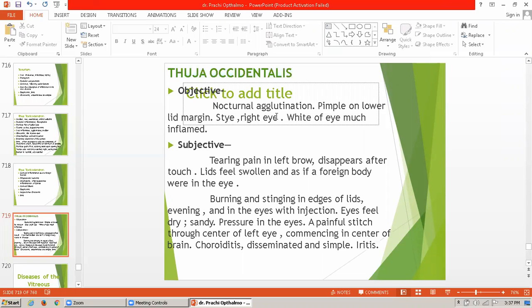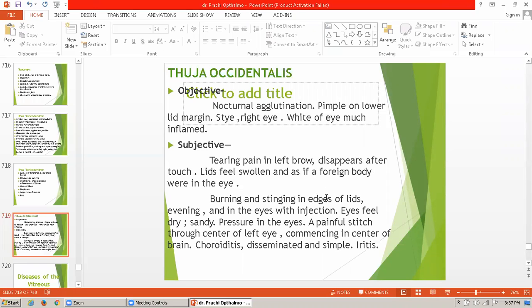When there is a sty in the right eye and the white of the eye is much inflamed. Then, subjectively, there is a tearing pain in the left brow, disappearing after touch, lids feel swollen as if a foreign body were in the eye.